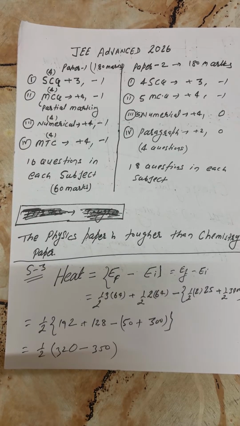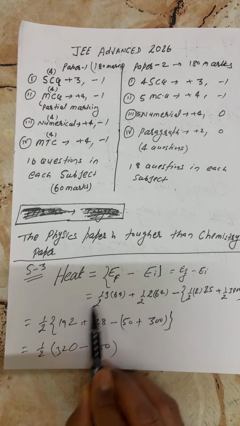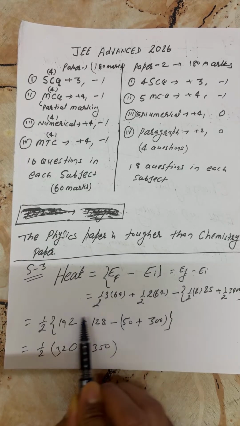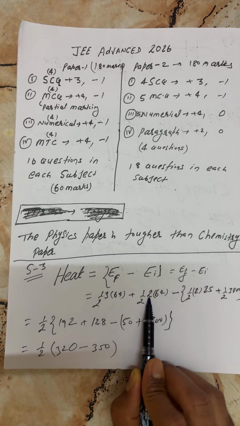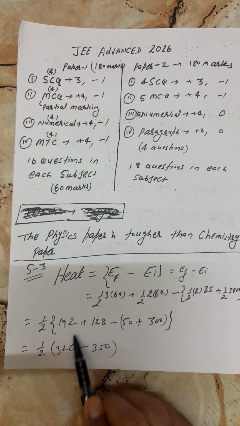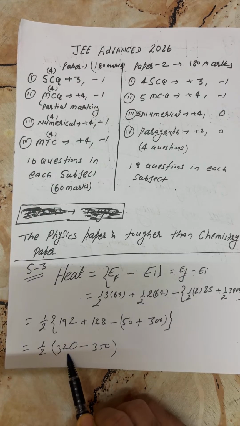Where is the mistake, kids? 4 threes are 12, 6 threes are 18, plus 1 is 19. This is correct. 8 plus 2 is 10, 9 plus 2 is 11, 12, 1 and 2 is 3.